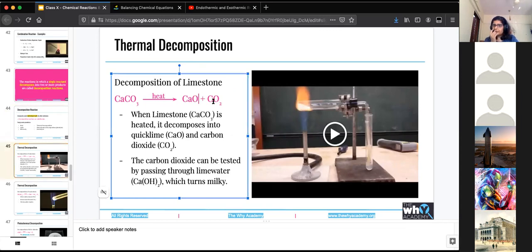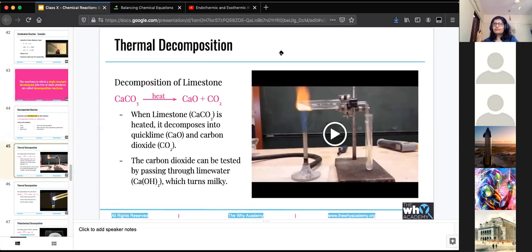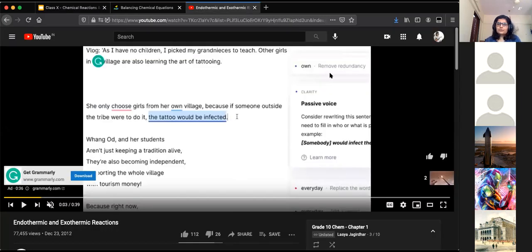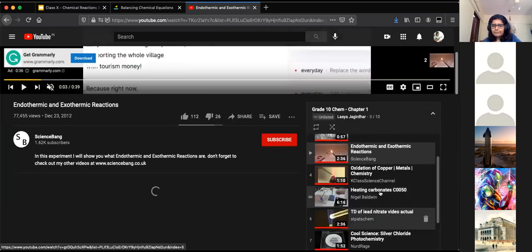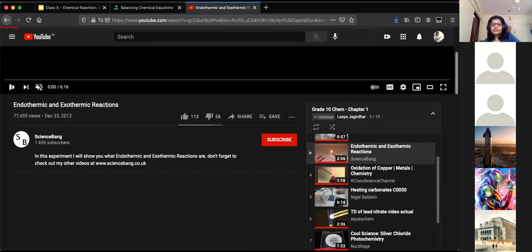In fact, it is the property of most carbonates of that group to decompose into oxide plus carbon dioxide. Copper carbonate also decomposes into copper oxide plus carbon dioxide. I will show you the reaction. This is a slightly longish reaction.